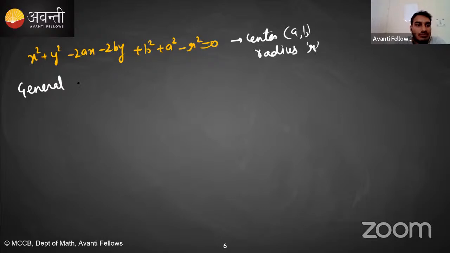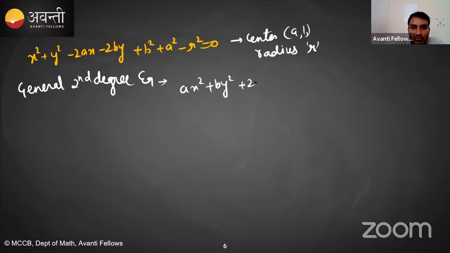Now the general second degree equation can be written as ax square plus by square plus 2gx plus 2fy plus c is equal to 0. Right?